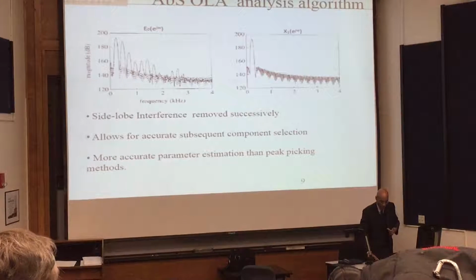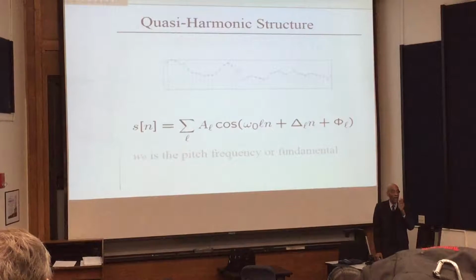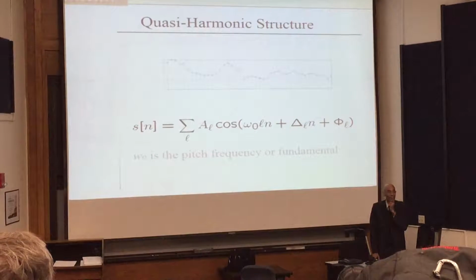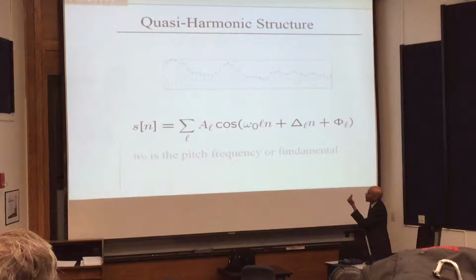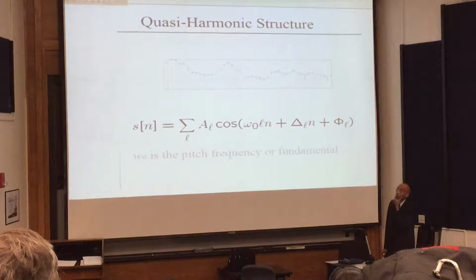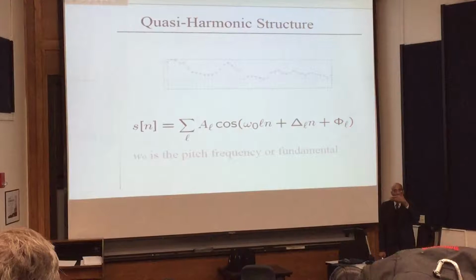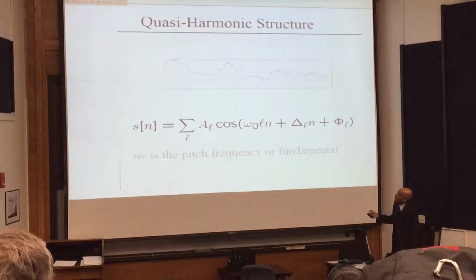Successive approximation. We get a set of amplitudes, frequencies, and phases. Now, to help us with greater flexibility, what we do is we introduce a little bit of structure into this representation, and we formulate it this way.